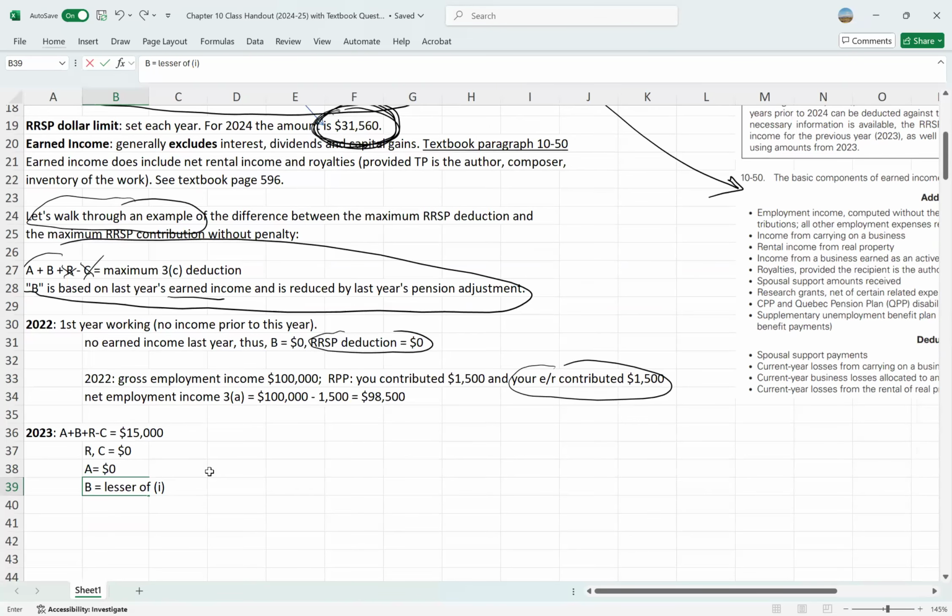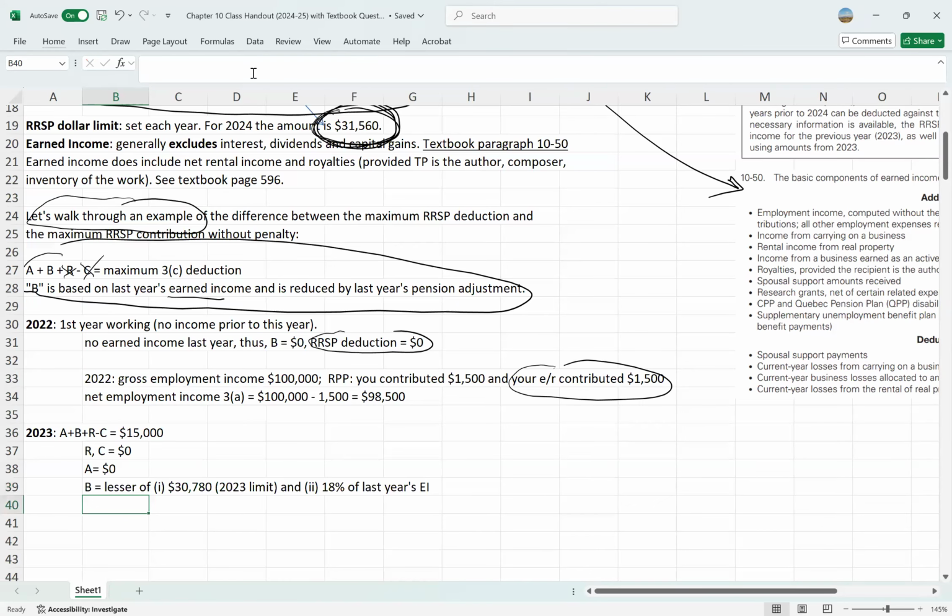So for 2023 then, the RRSP limit, and once again, it's talked about in your textbook, but don't worry so much about this because we're looking at the previous year. In 2023, the RRSP limit was 30,780. This was the 2023 limit, and 18% of last year's earned income.